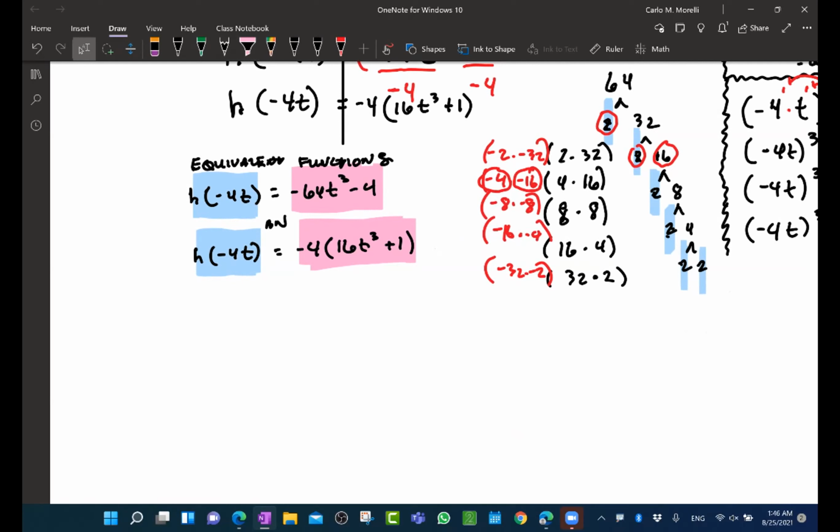Well, let me show you how you check your work when you are evaluating an algebraic expression.